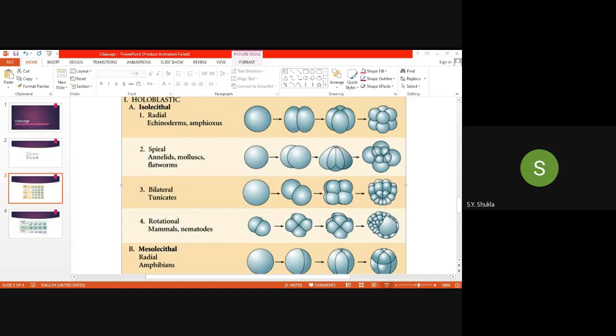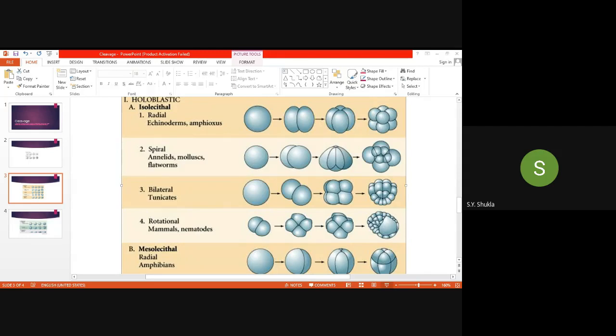Echinoderms, annelids, tunicates, mammals, and we have to identify it correctly. This is very, very important. All of you should mark in your book: one question comes from the fertilization section, and the second question comes from this section, the cleavages. Either in a set exam or the NET exam, in a B question or a C question, they can ask about the holoblastic cleavages basically.